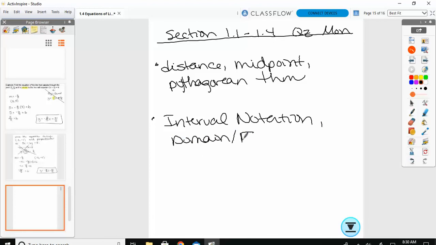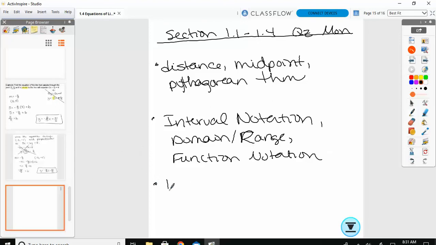How do you tell if something is a function? If the domain repeats, it's not. If we're looking at a graph, we use the vertical line test. If we're looking at ordered pairs, we make sure x never repeats. Function notation: f of x takes the place of the y, and we can work with that.